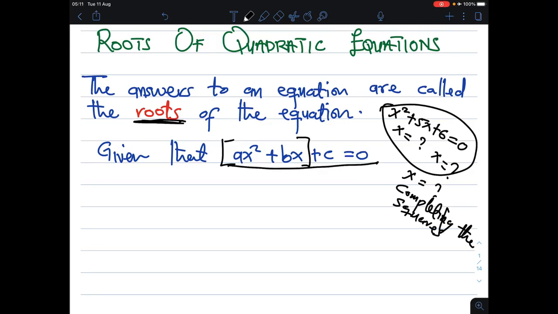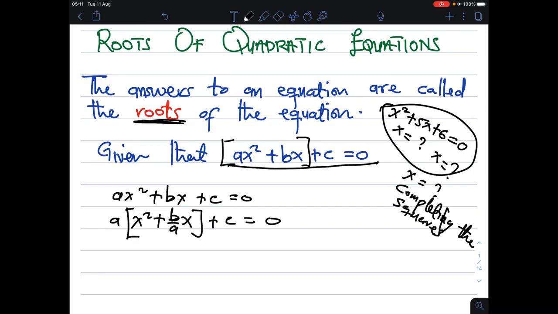Okay, so we have ax squared plus bx plus c equals 0. So I'll factor a out, which means I have a times x squared plus b over a x, plus c equals 0. Okay, now this is true because when I'm moving back to this line, a times x squared will give me ax squared.